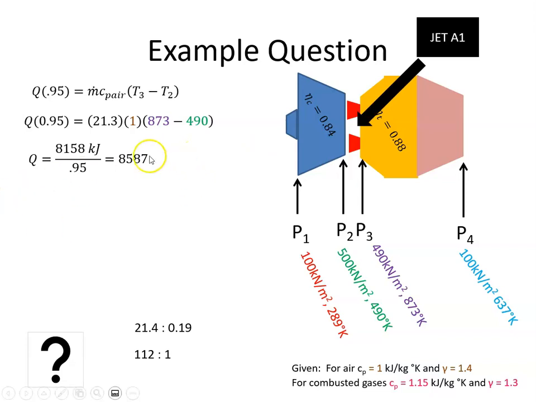Okay. But we get that energy by burning fuel. So we burn jet A1. And the mass of fuel multiplied by the heating value of fuel gives us the energy out. So this 8587 is equal to the mass of fuel times the heating value of fuel. And we're told in the question that the heating value of fuel is 45,000 kilojoules per kilogram.